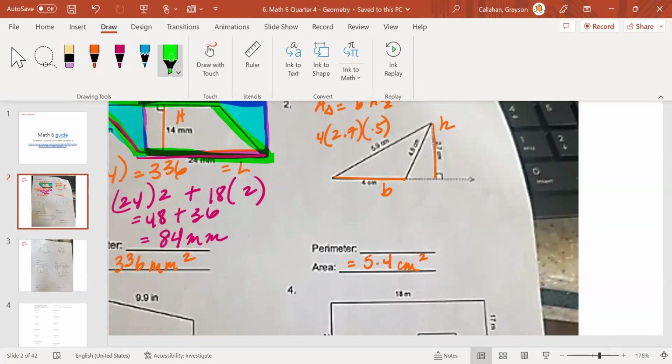Okay. Next, if you're doing a perimeter, perimeter is this side plus this side. Do you see the difference here? Plus this side. So that's 5.9 plus 4 plus 4.5. What is your perimeter?